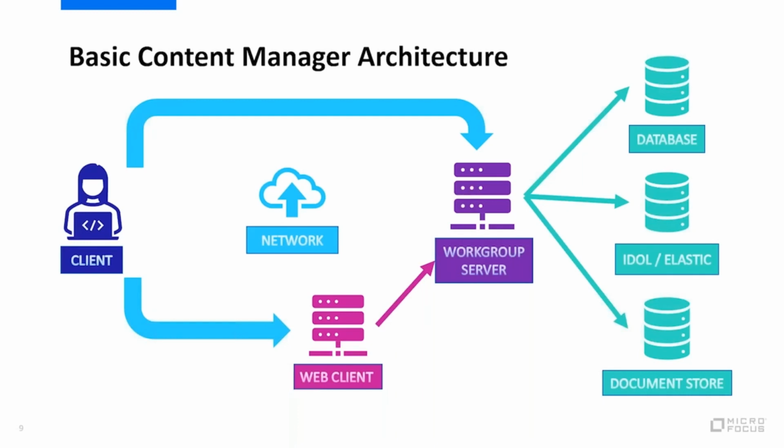And the workgroup server, once it has received the data and request, will process them and pass on the data to the Content Manager database, the Content Manager content engine, and the Content Manager document store.